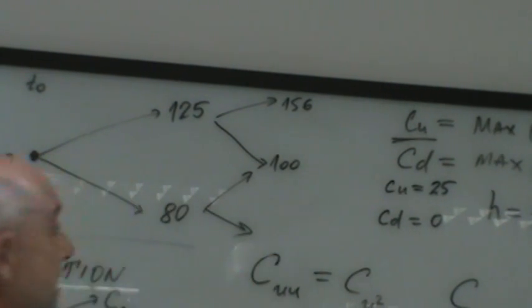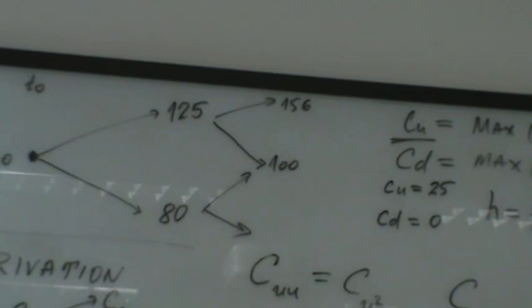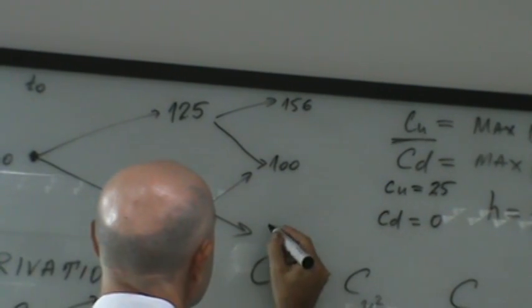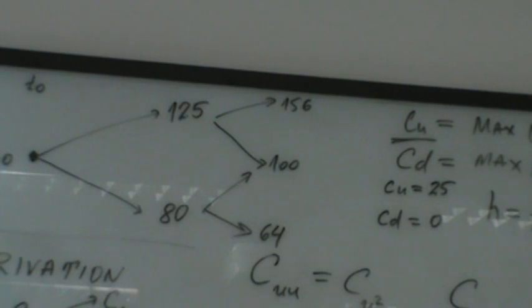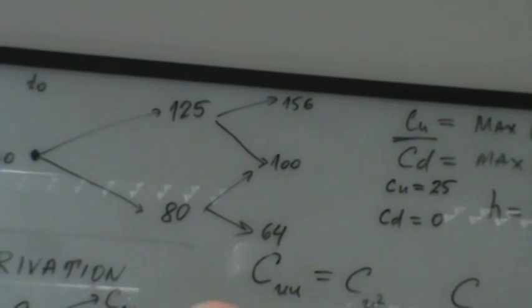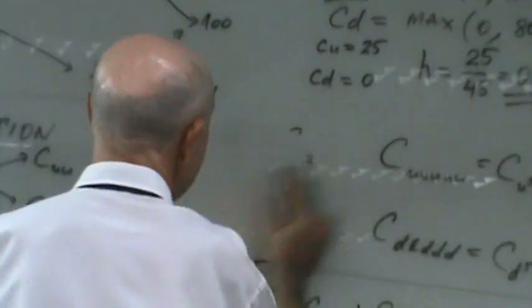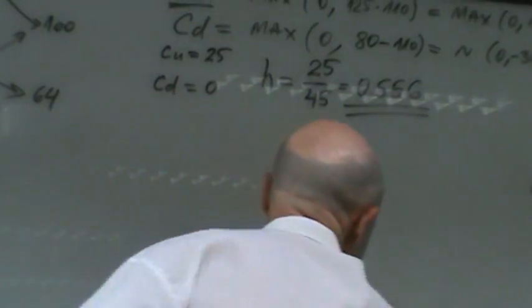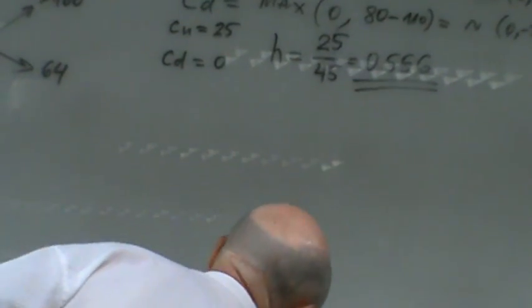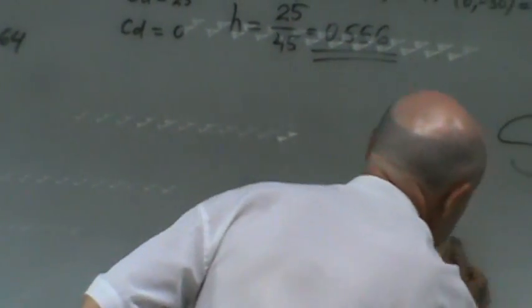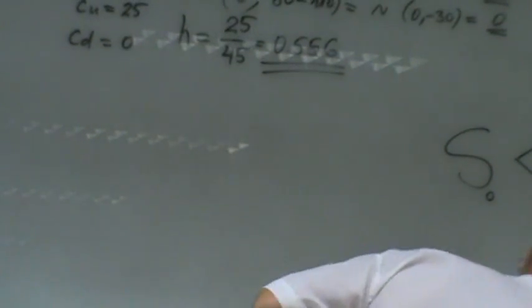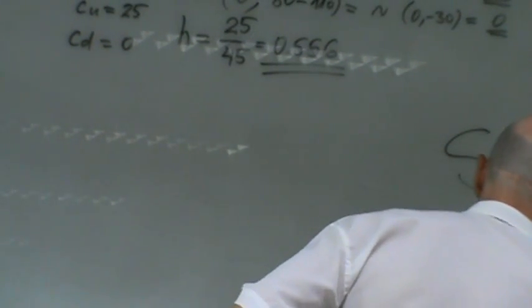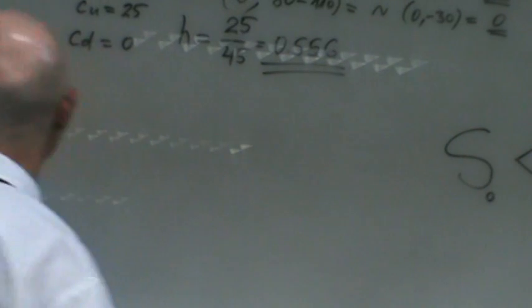And when the 80 goes down, becomes 64. Okay, and now we do the calculation based on this example. You're just following what happens.